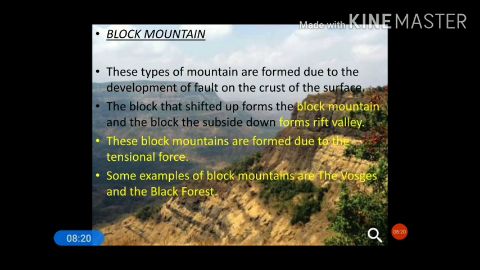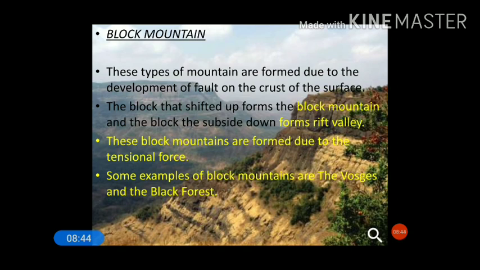As I already told you, block mountains are mountains formed due to the faulting process. Faulting is simply a crack that develops in the surface of the earth, due to which a block is shifted upward or downward, resulting in the formation of block mountains and rift valleys.